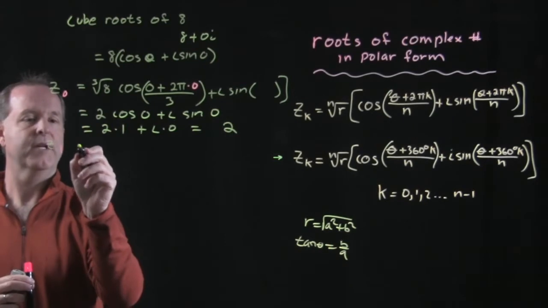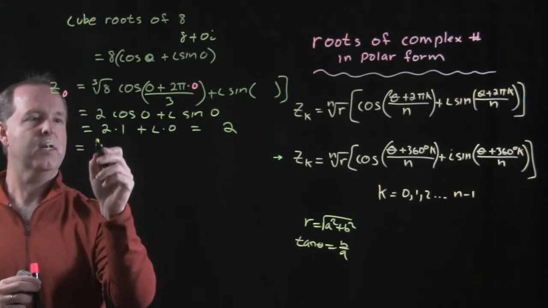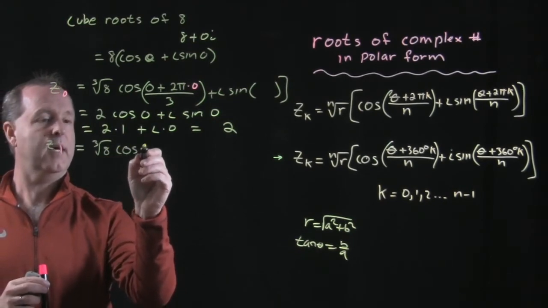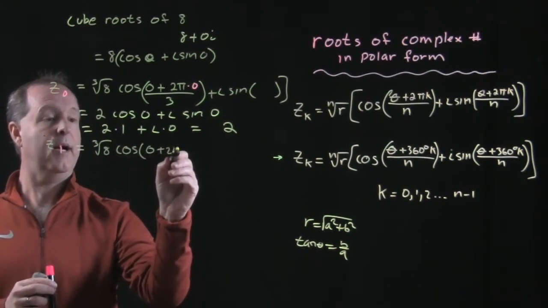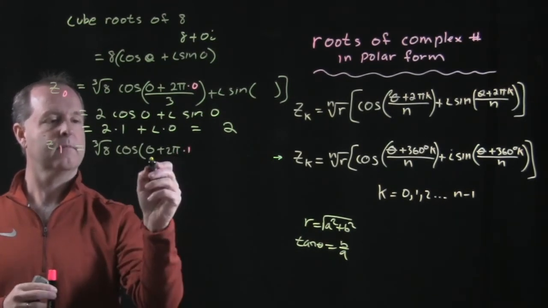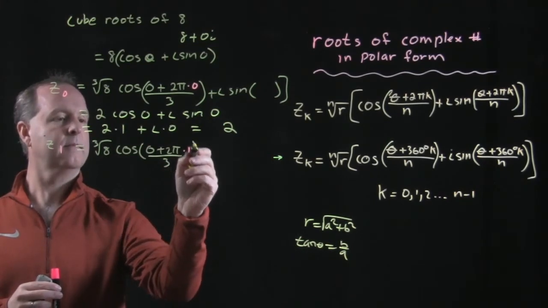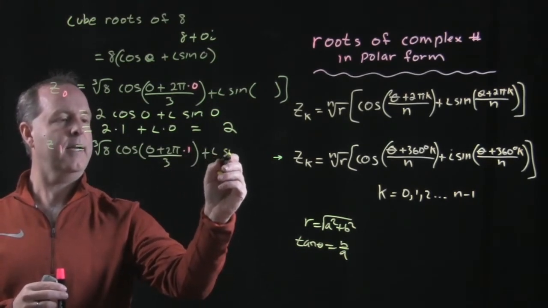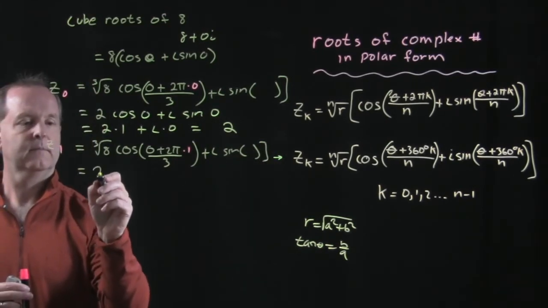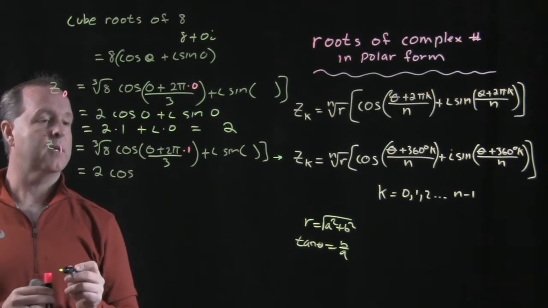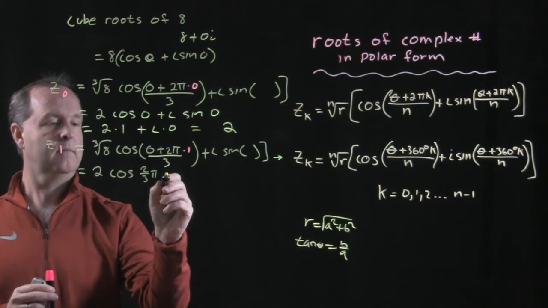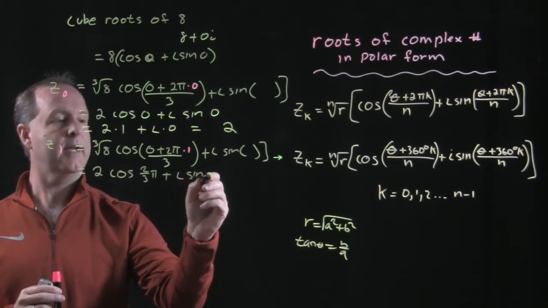So at the first iteration, the cube root of 8 times the cosine of 0 plus 2 pi times 1 this time, divided by 3, plus i sine of the same argument. 2 times the cosine of 2/3 pi, plus i times sine of 2/3 pi.